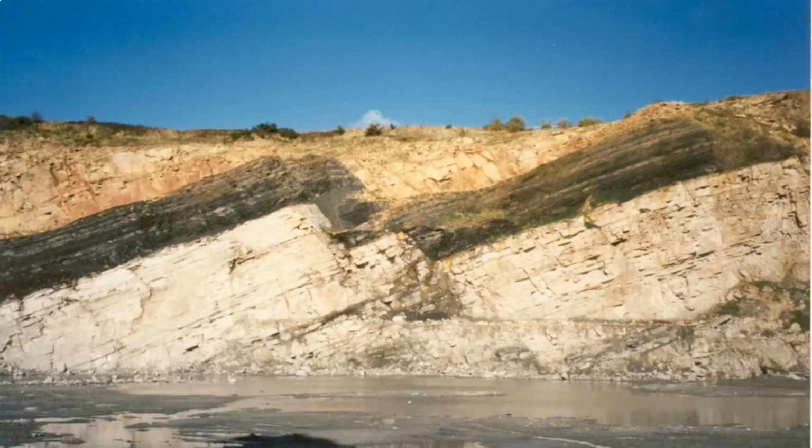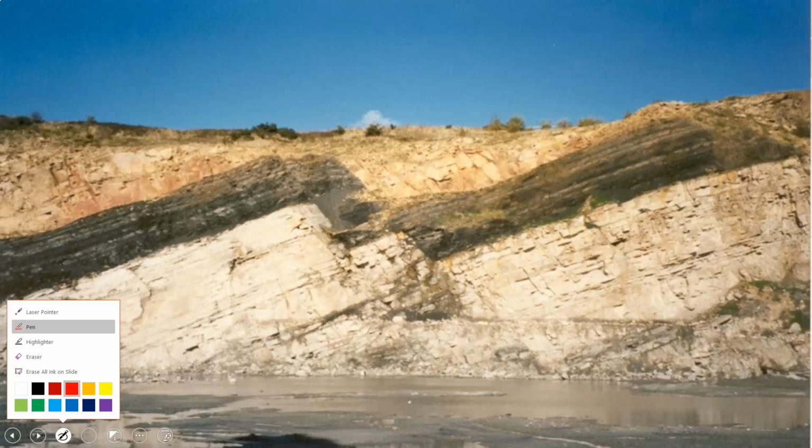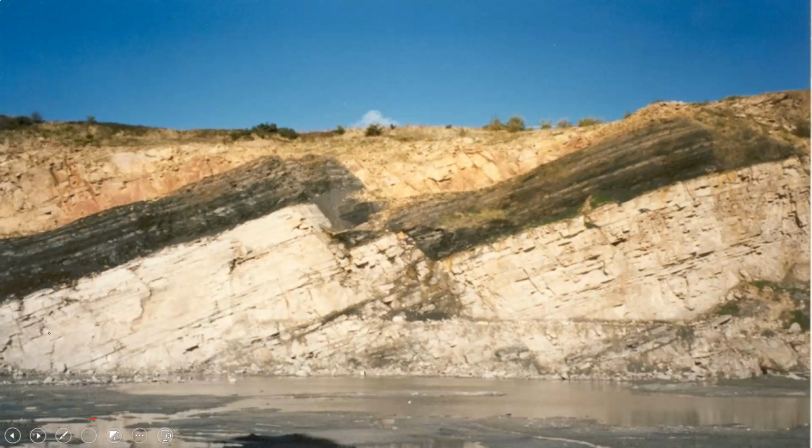All right, number one, you have to identify the fault system. Let me go back to my drawing here. I can easily see that the fault system is right there. So there's my actual fault right through there.